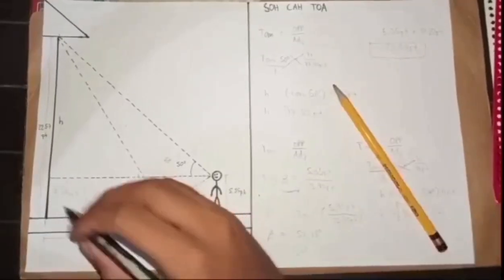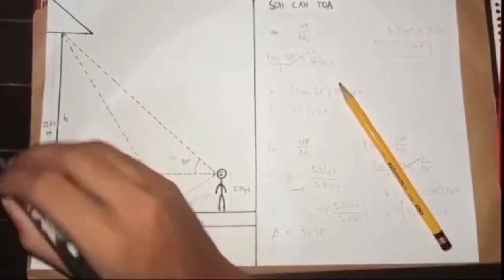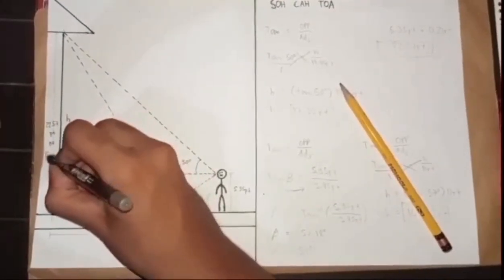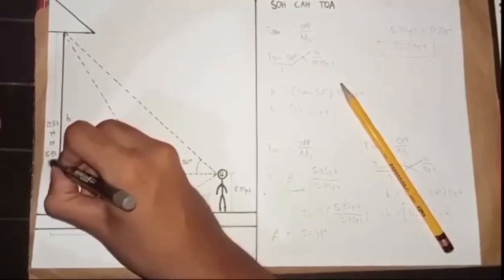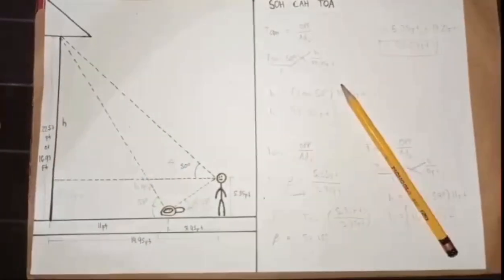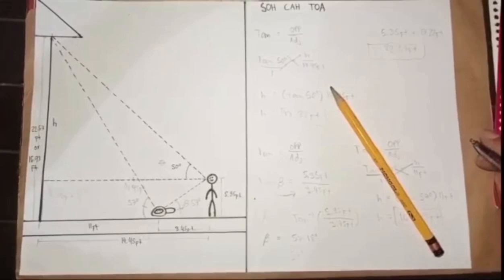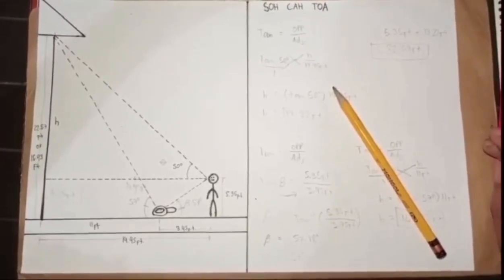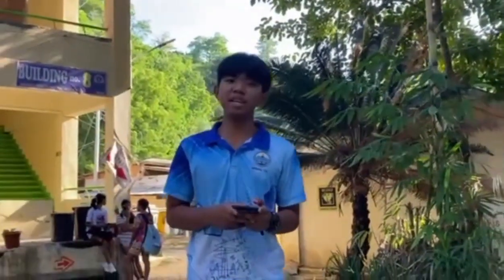So, the height of the wall of the building is 22.57 feet or 16.93 feet. So, we solved the problem. We found the height of the wall of the building using the basic trigonometric functions. That's how we find the height of the wall of the building using improvised tools and trigonometric functions. And again, I'm Jolly Lorenz Espuerta, the reporter of Group 2.